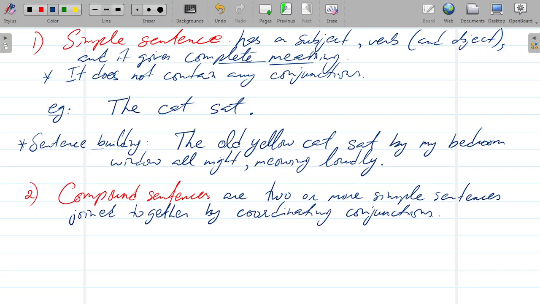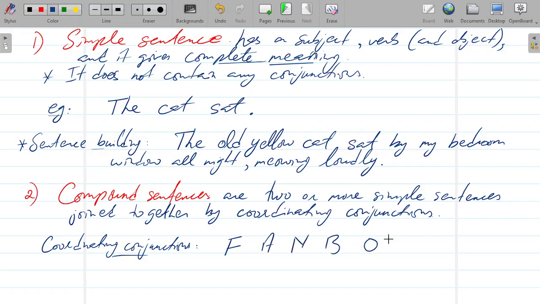Right, and so what are the coordinating conjunctions? They can be remembered using the acronym FANBOYS. Right, so there's 7 of them, and it's not like they're used in this particular order. They're just mentioned in this order because they make up the acronym FANBOYS.